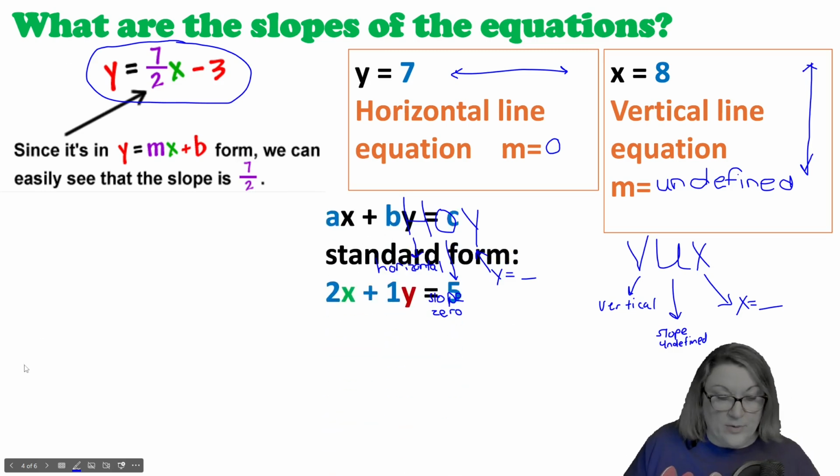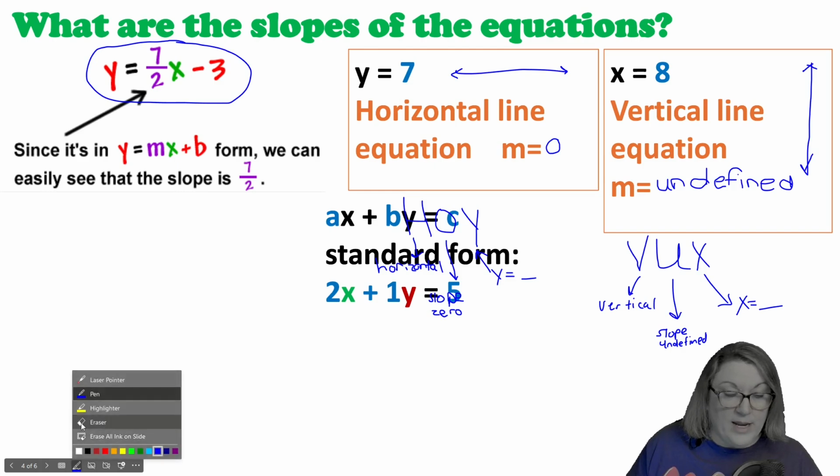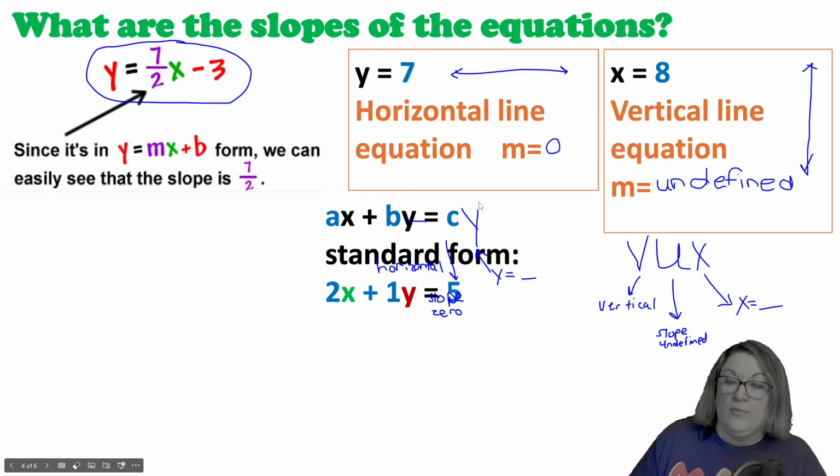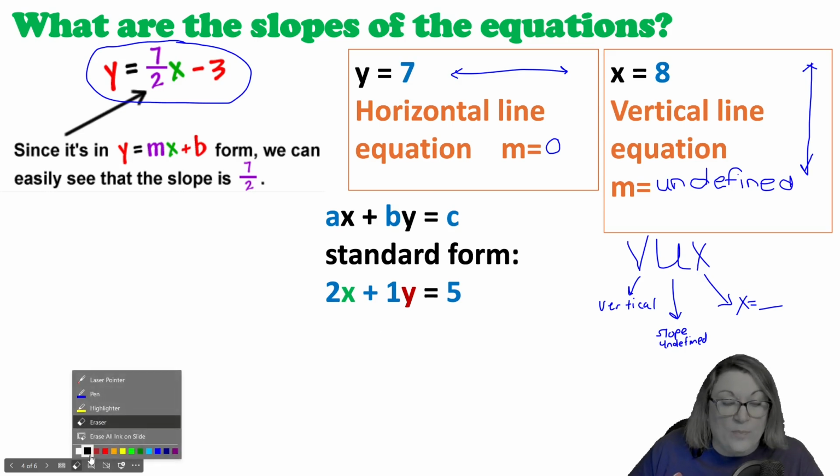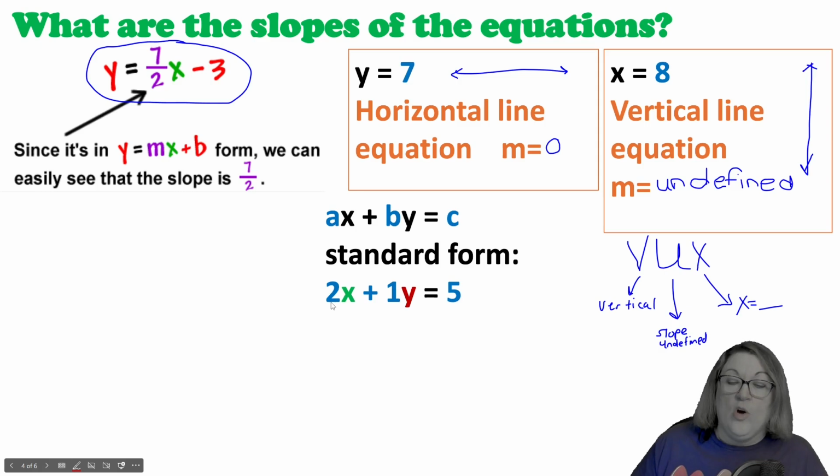Okay, I guess I need to erase all this so we can see what I've written here. Wrote my Hoy in the wrong spot. Okay, now we have a standard form equation, ax plus by equals c. Well, remember, to find the slope of a standard form equation, we take the a value, which in this case is the 2. That's the number next to the x. Again, standard form equations, the x and y are going to be there, but there will be a number in place of a, b, and c.